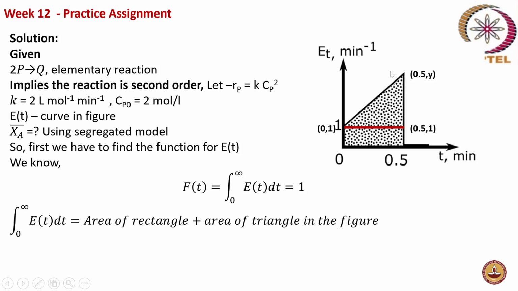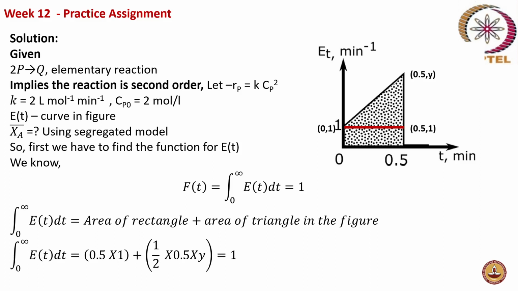So in order to find that, we approach this by calculating the area under the entire curve. The entire curve can be split as a rectangle and a triangle. So this is the rectangular portion and this is the triangle portion. It is the area of rectangle plus the area of triangle.